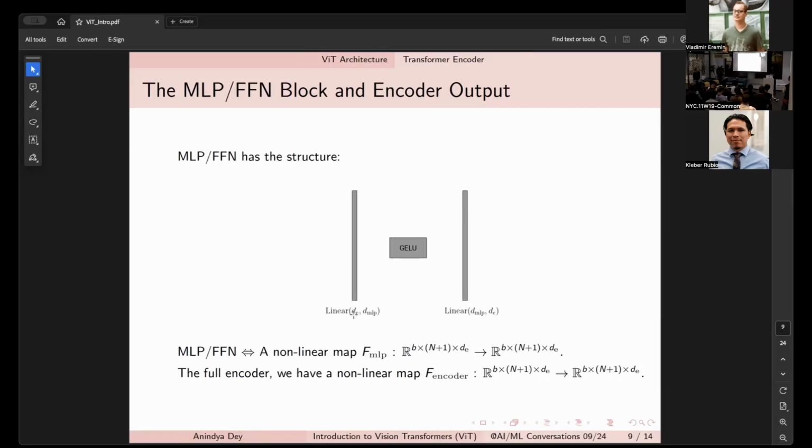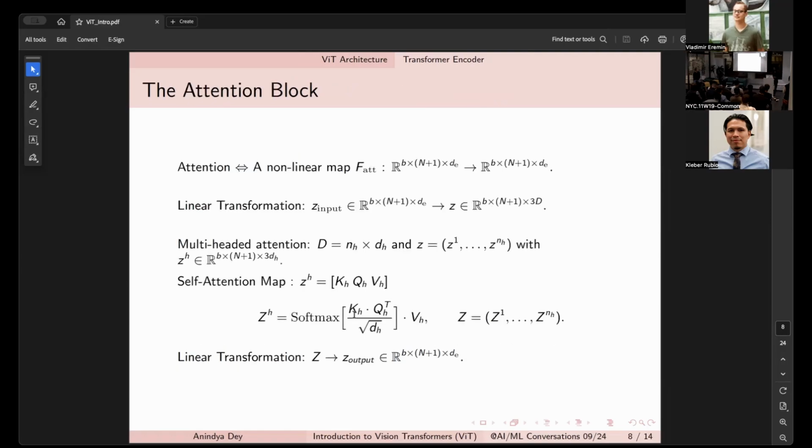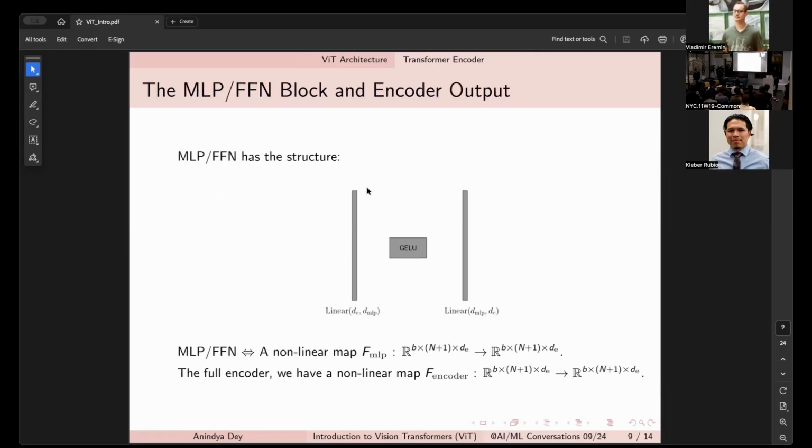So at the end of the day, what the MLP is also doing is producing a nonlinear map, which maps the tensor Z to a tensor of the same shape. The shape is still being preserved. We saw that attention preserves the shape, and now the MLP also preserves the shape.